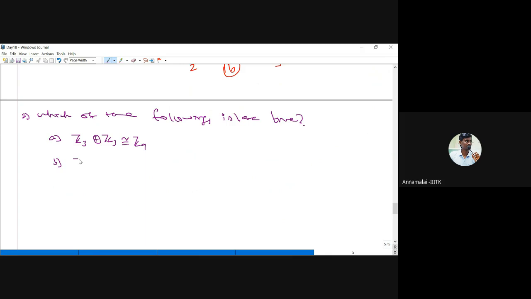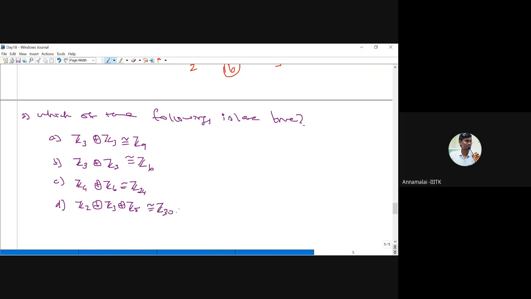Second option, Z3 direct sum Z3 is isomorphic to Z6. The third option, Z4 cross Z6 is isomorphic to Z24. And the last option, Z2 cross Z3 direct sum Z5 is isomorphic to Z30.